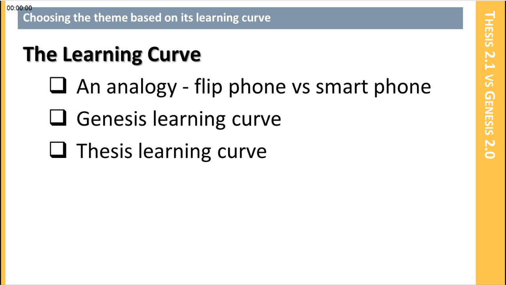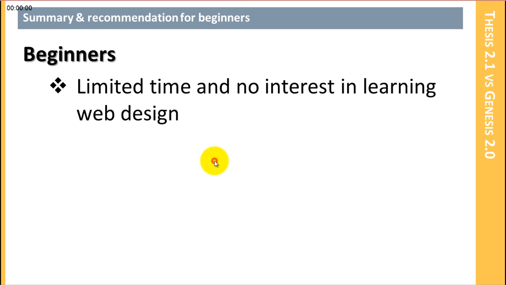Now, in Thesis, if you are a typical user, you can make a ton of changes without ever really having to think about the code, and the learning curve is much shorter. Now, there's a downside to this. And the downside to this is that you get sucked into wanting to make more changes, right?